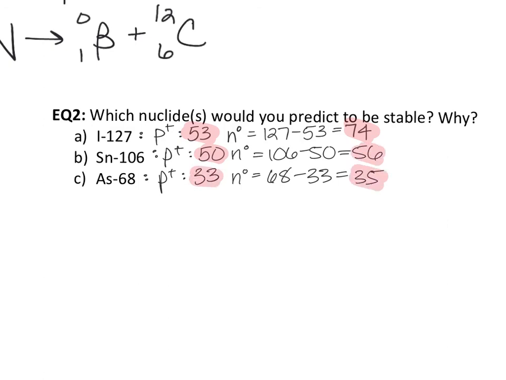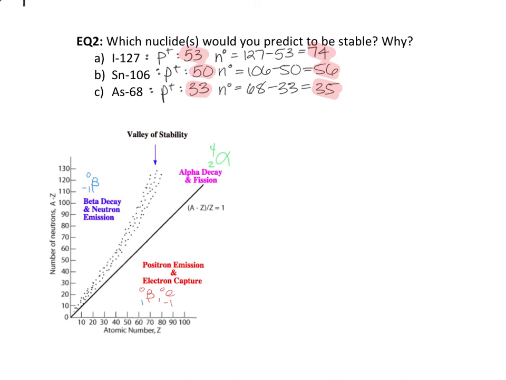All right, so let's first look at 53 protons and 74 neutrons. What do we end up getting? Looking at the valley of stability, the number of protons being 53 would be right here. Let's do it with a little blue dot. And then the number of neutrons would be right here.